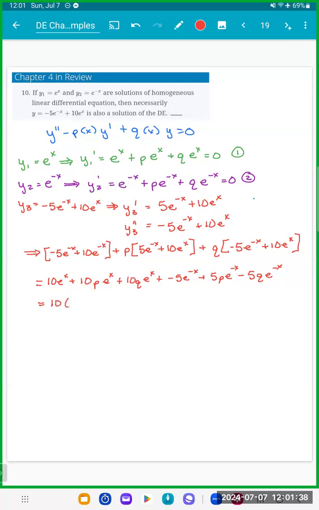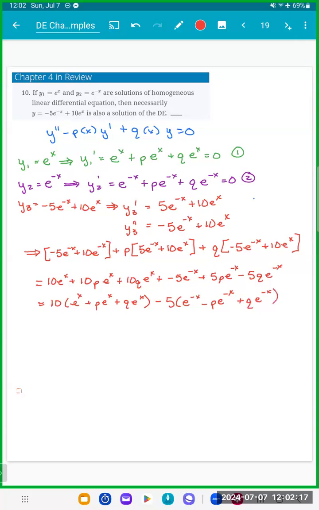That's going to give me 10 times e to the x plus p e to the x plus q e to the x minus 5, factoring a 5 out of those, e to the negative x plus p e to the negative x. And this is actually going to be a negative because we're factoring a negative out. So that becomes negative. And then plus, we're taking the negative 5 out, so it leaves me with q e to the negative x.